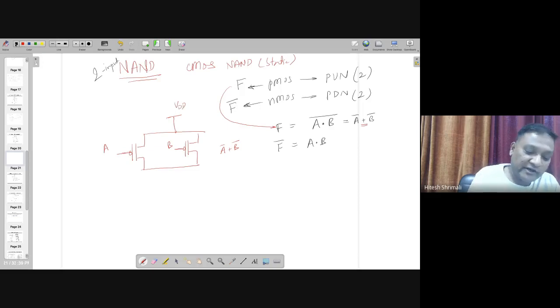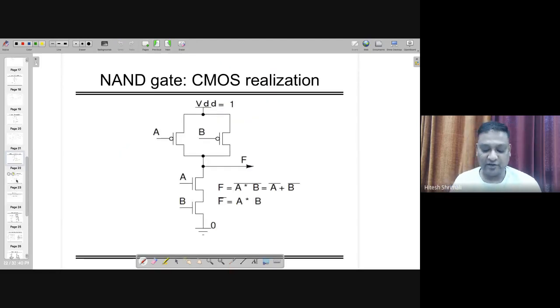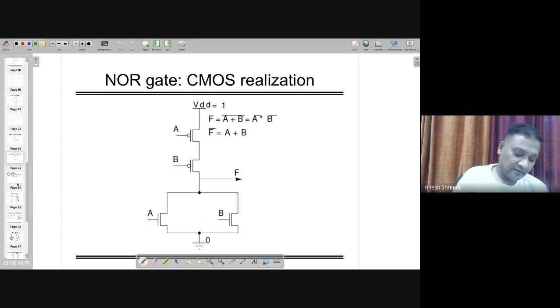But where you are looking at F bar, because of this AND operation, both transistors will be in series like this, and you can call them A and B, and that's the output, right? You can check that will be the output.